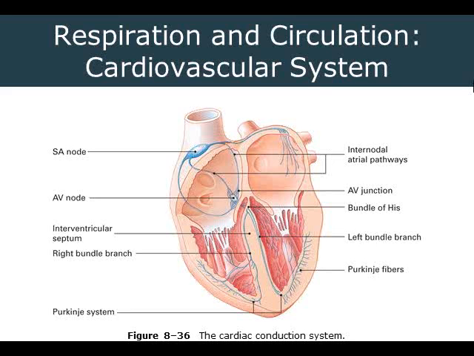You can't just cut open the heart and see these tracks like it's illustrated here on the screen. It's a microscopic thing, very tiny, basically specialized groups of cells. Now, with that being said, they work basically like any other cardiac cells.